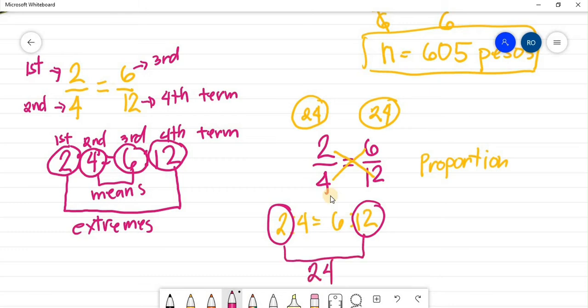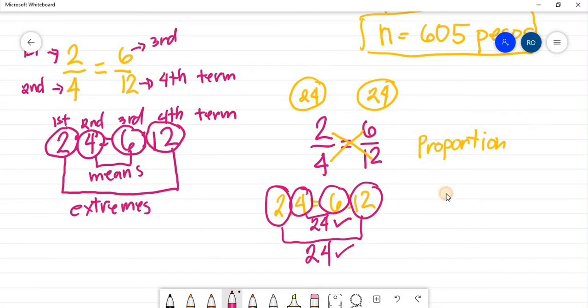Take note, the product of the extremes is 24. Now let's multiply the means: 4 times 6 is also 24. As you can see, the product of the extremes and the product of the means are equal. So if the product of the means and the product of the extremes are equal, then we can say that these two ratios form a proportion.